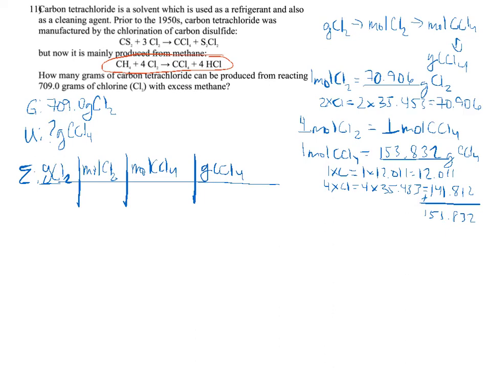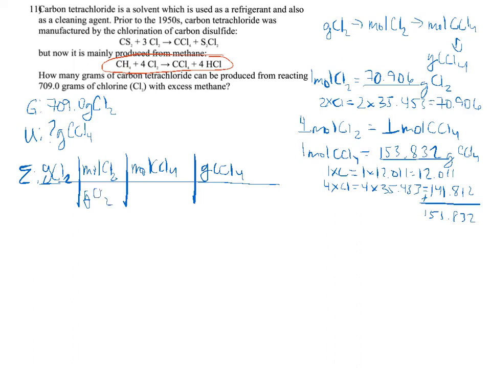Okay, so remember at the top here is our mole map of how we get from one substance to the next substance, and then we just need to start canceling our units out. So grams of chlorine on top, grams of chlorine on bottom, moles of chlorine on top, moles of chlorine on bottom, moles of carbon tetrachloride on top, moles of carbon tetrachloride on bottom.